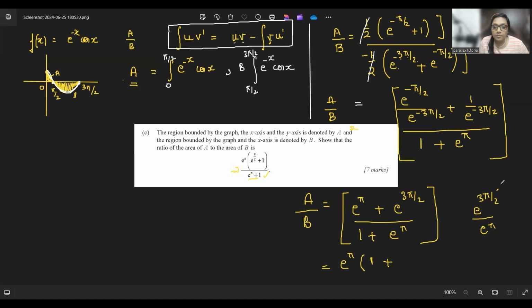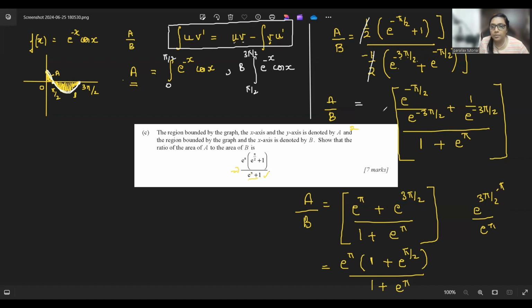So 3 pi by 2 minus pi means 3 pi by 2 minus pi by 2, which is 2 pi by 2, or 3 pi minus 2 pi by 2, which is pi by 2, right? So you'll get e to the power pi by 2. And the whole thing is 1 plus e to the power pi.